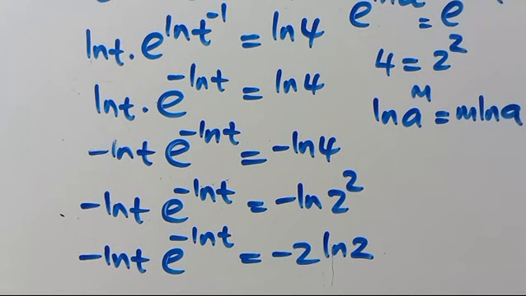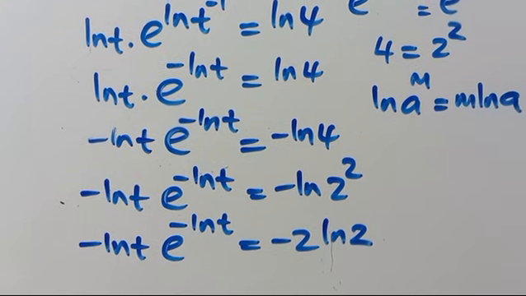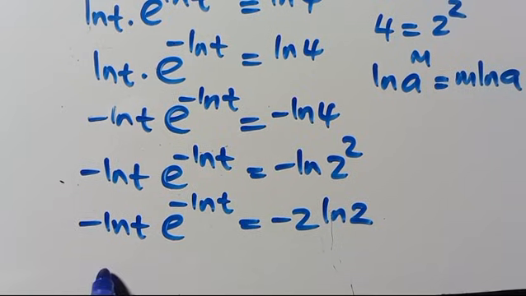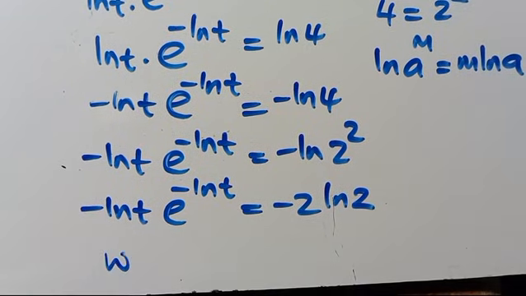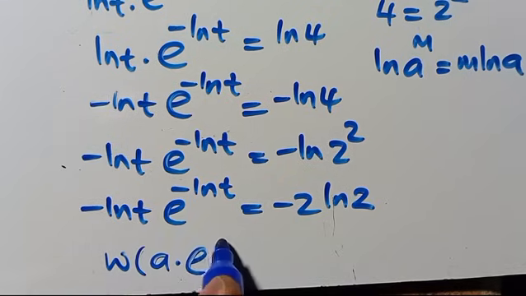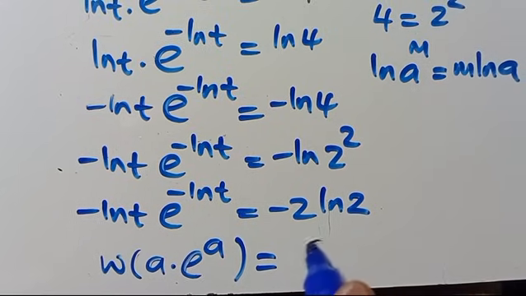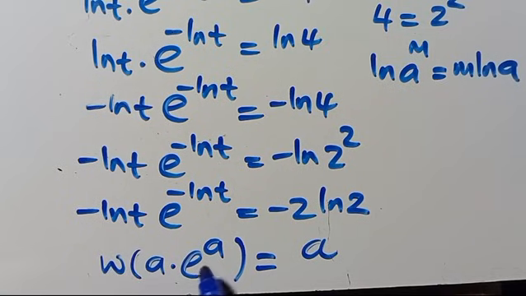Then to introduce the W Lambert function, the theorem says that when we have the W Lambert function of a multiplied by e to the power of a, this equals a, so far the base and the power are the same. Applying it here is the main reason why we are trying to make sure that the base here is equivalent to this power here.